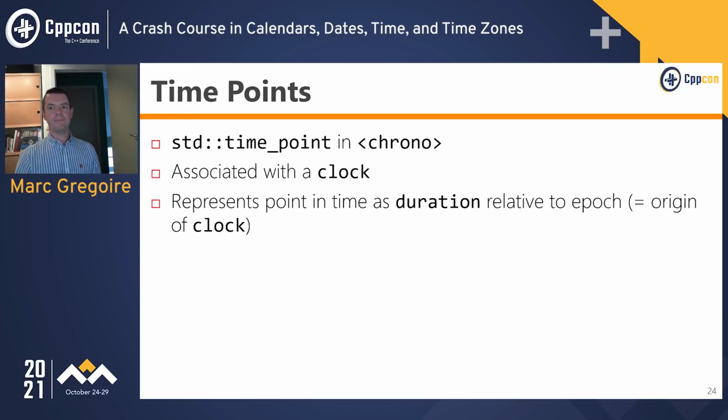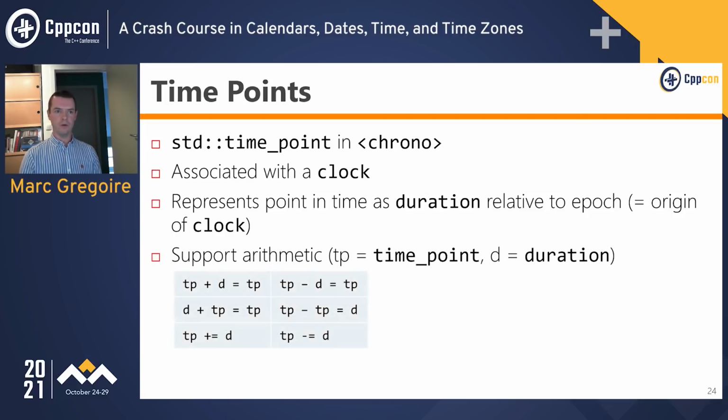Next is time points. A time point is represented by the time_point class from the chrono library, and it's always associated with a clock that we just discussed in the previous couple of slides. Basically, a time point represents a point in time as a duration relative to the epoch, and the epoch is the origin of the clock with which this time point is associated.